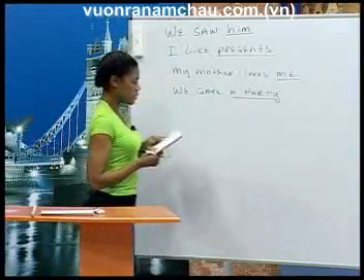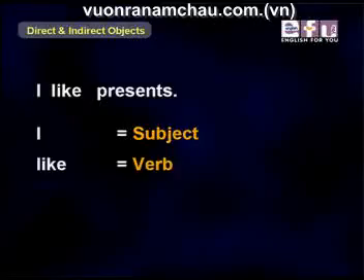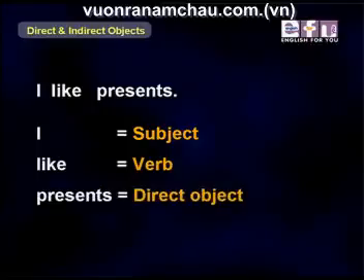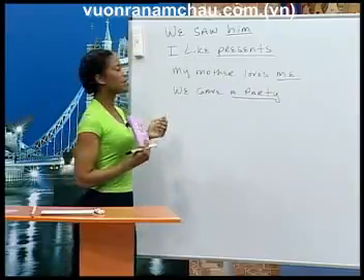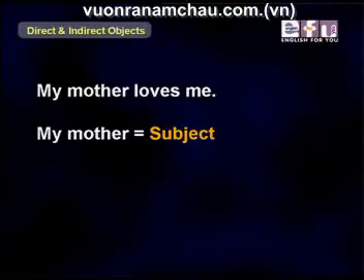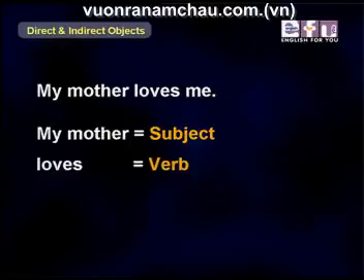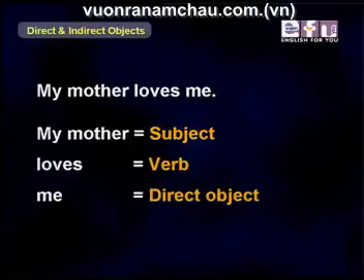I is the subject, like is the verb, and presents is the direct object. Very good, Sylvia. Anna, can you do the next sentence? My mother is the subject, loves is the verb, me is the direct object.